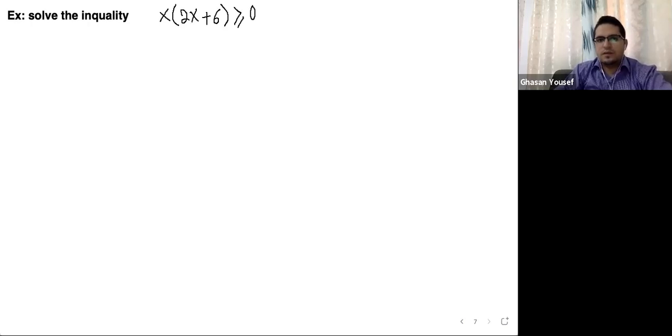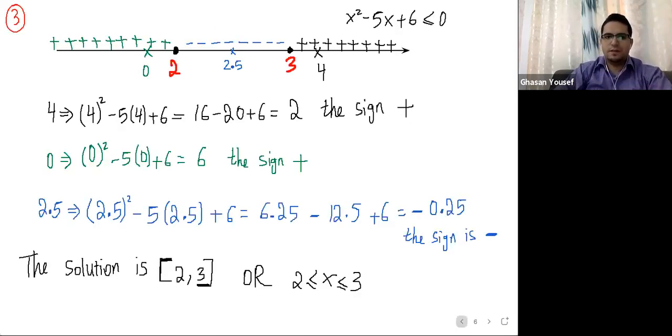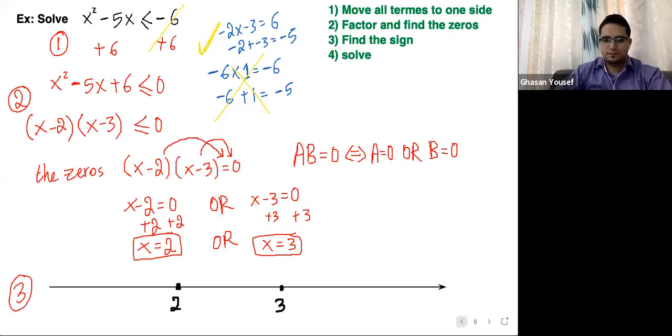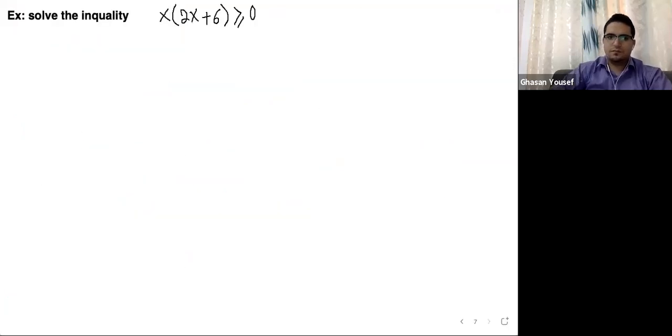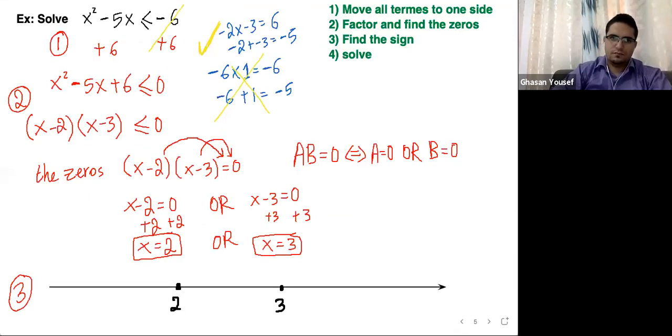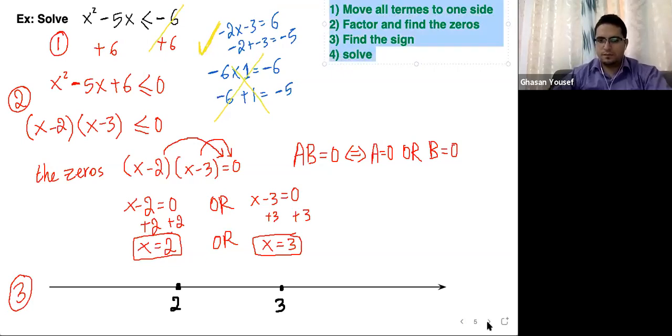How can we solve this inequality? I'm going to use the steps from before. This is the step here, and again, this is the step. Let's copy.